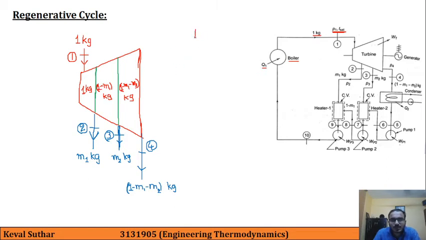This is obviously for turbine. So if we see what is going on in heater 1, here let's say this to be point number 6. We are at heater 1.